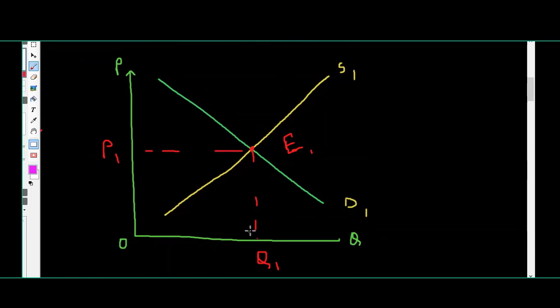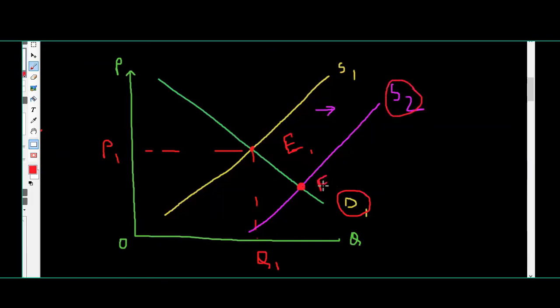Okay. Now, what if the supply curve changes? If the supply increases, it shifts to the right, S1 to S2. Again, we have a new intersection point. That one is the new intersection point where the old demand curve and new supply curve have intersected, and say this is E2.